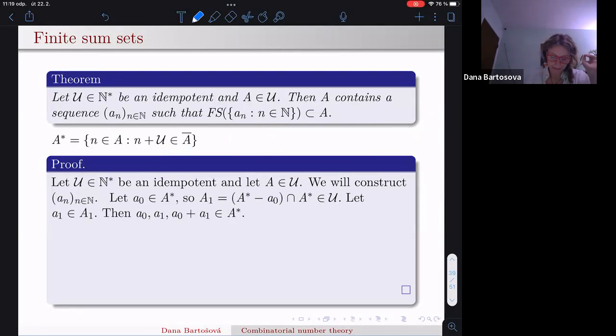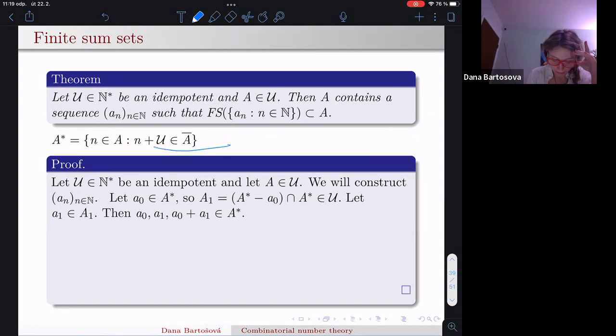So let's take A0, an arbitrary one from A star, that also satisfies that it has to bring A back inside of U, right?